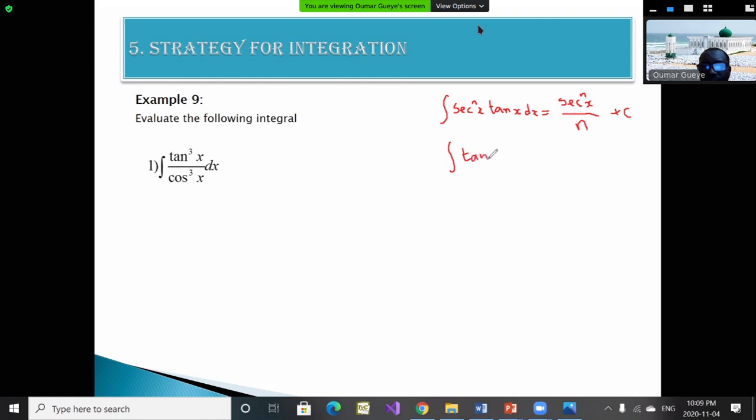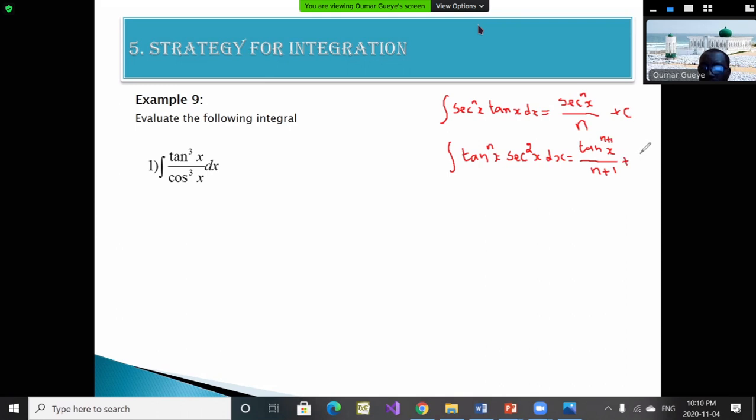So we have tan to the power n times secant square, and based on the formula, I guess formula 3 and 4 among the 6 formulas, this is equal to tan x to the power n plus 1 over n plus 1 plus the constant c.